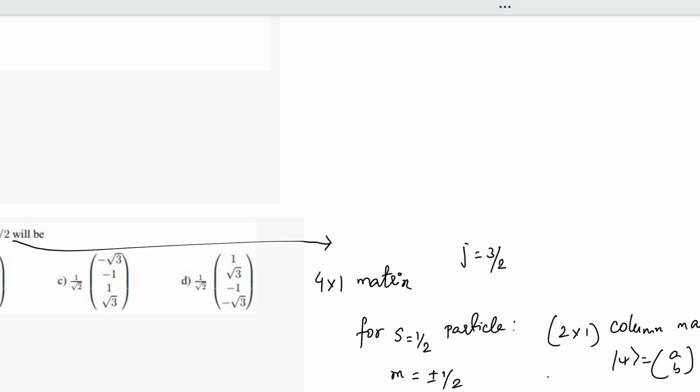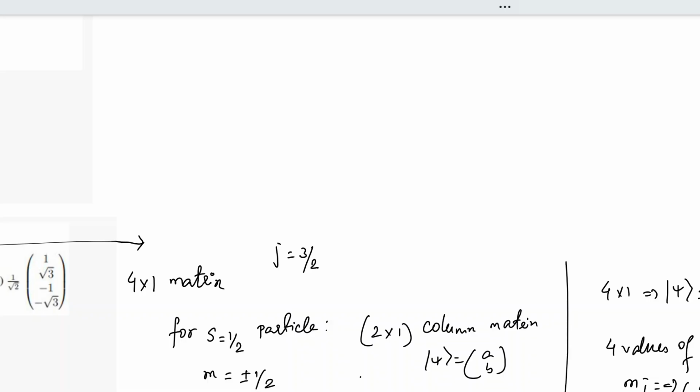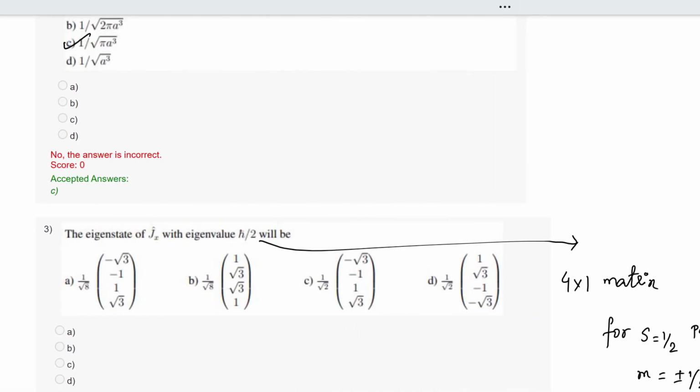So basically you know that if the spin is j, then there can be 2j plus 1 possible mj values. So if 2j plus 1 is 4, then 2j is 3 and j equal to 3 by 2. So your j value is 3 by 2. Then you have mj as minus 3 by 2, minus half, plus half and plus 3 by 2. So these are the 4 values, right? So you understand that this is a j equal to 3 by 2 kind of a spin problem.